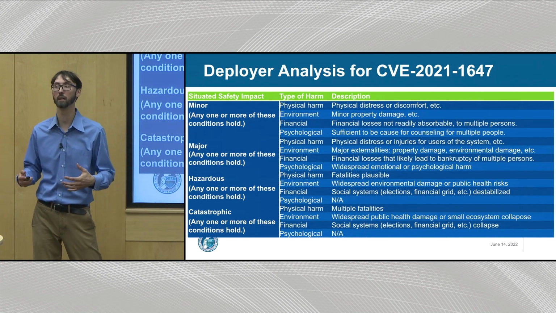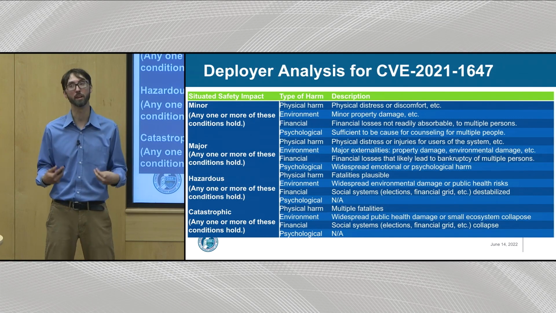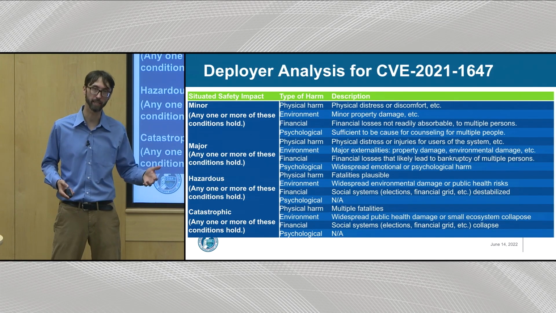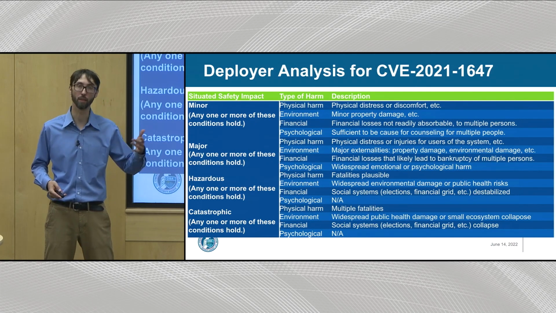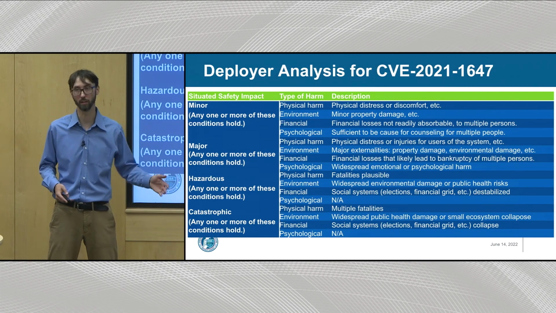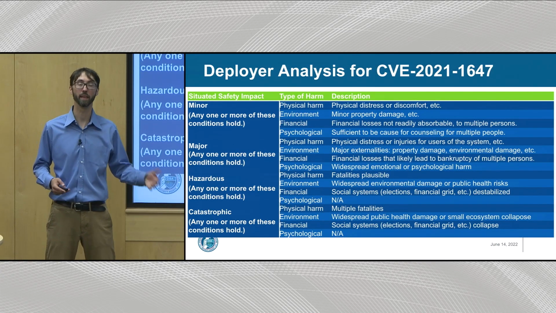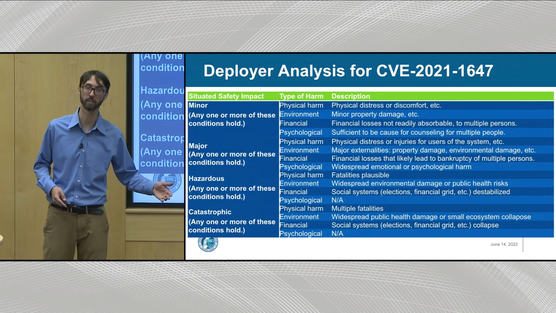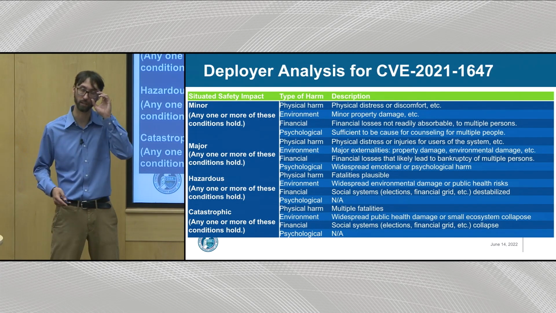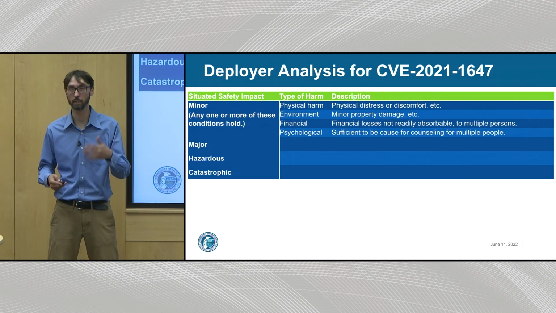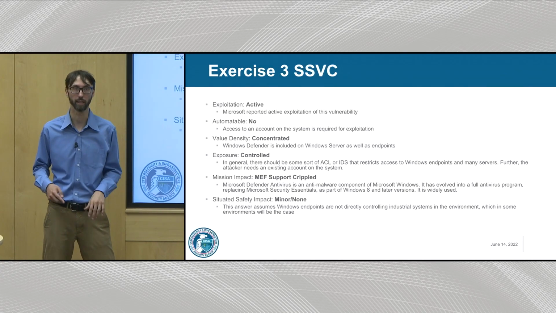Because we're deploying the software, we are the ones that know that. No one else can tell us that the one particular Windows machine on the 3rd floor of the one building is actually the one that runs all the payroll, and that might actually cause some people to go bankrupt if the whole payroll system is compromised and all the money is gone. But in general, let's prioritize this as if we're going with the general case.